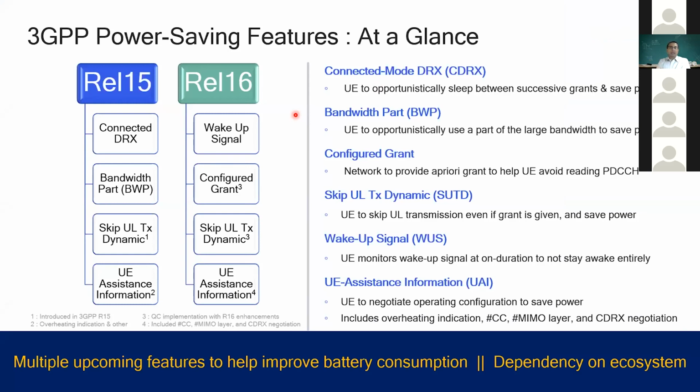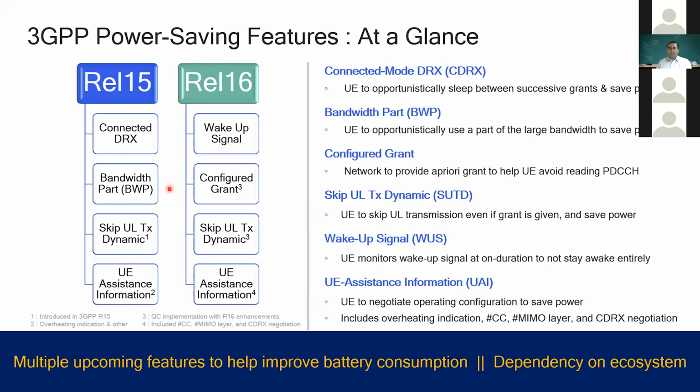Connected mode DRX, starting with the first one, you are pretty well aware, has been in existence since LTE days. Bandwidth part is something that was introduced in NR and did not exist in LTE. And this is also commercial in China.